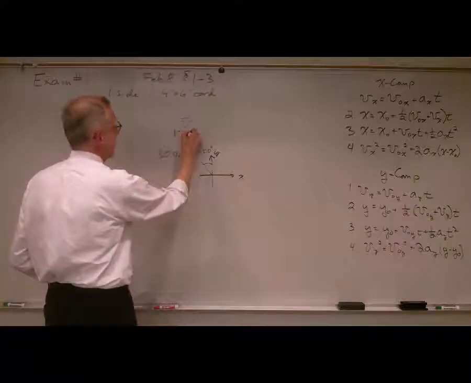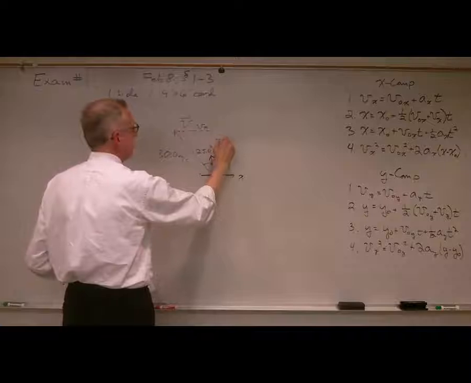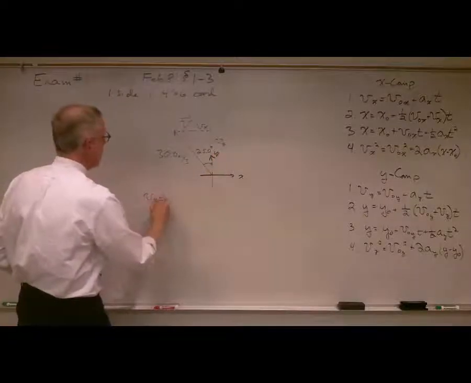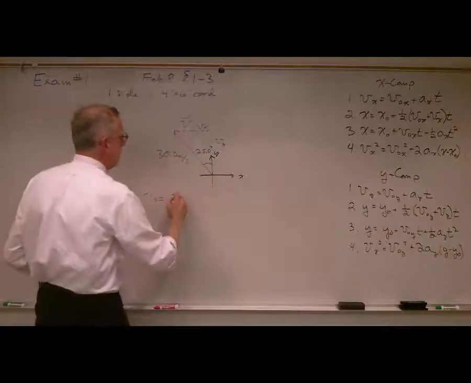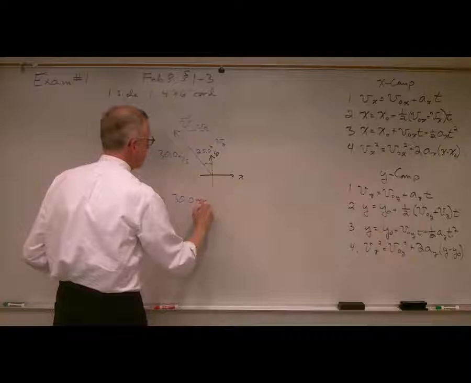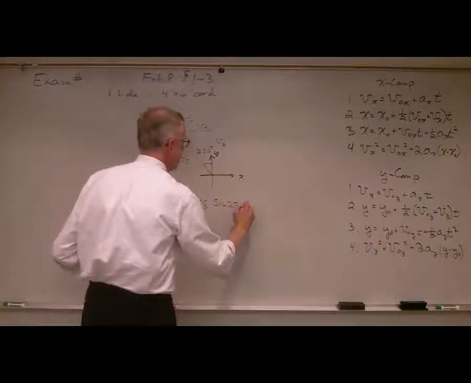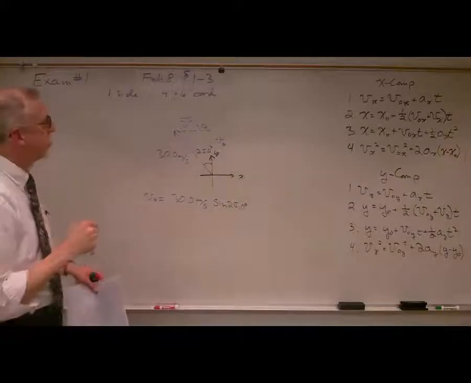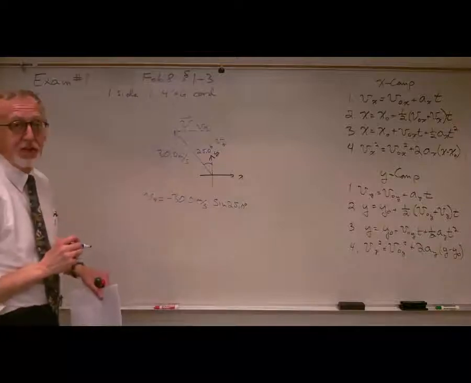Well, we break these down like this. Here, this is the x component, Vx, this is the y component, Vy. In this case, Vx will be the opposite side to the angle, so this will be 30 meters per second sine 25 degrees. But let's notice this component is actually pointing to the left. It's going to have a negative x component, so we actually have to put in a negative sign there.